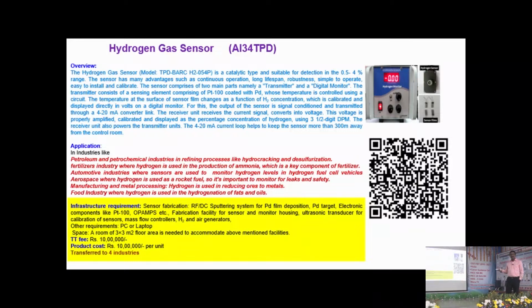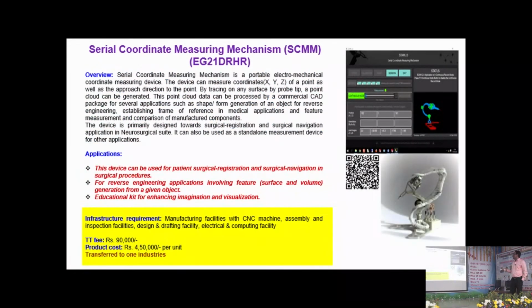Gas sensors, this is a platinum 100 RTD based hydrogen gas sensor. Then this is used for brain surgery and all, for surgery purposes, to find the coordinates with a feedback mechanism to isolate the point, and it is an electromechanical coordinate measuring device.